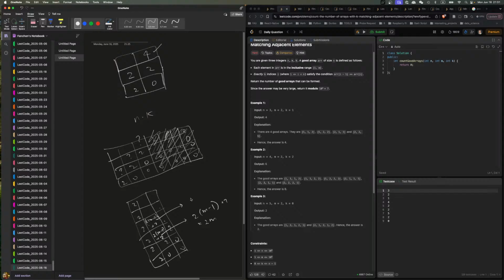This is going to be 2m times n minus 1 plus 2, which is equal to 2m squared minus 2m plus 2.